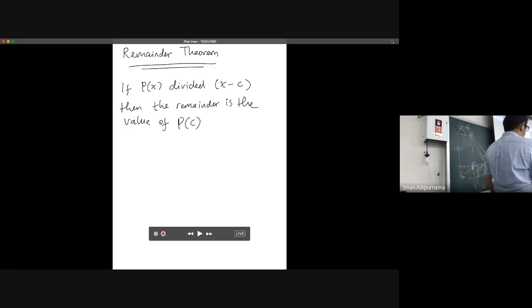If you have a polynomial divided by x minus c, you get some quotient, and you get some remainder over the divisor, right?